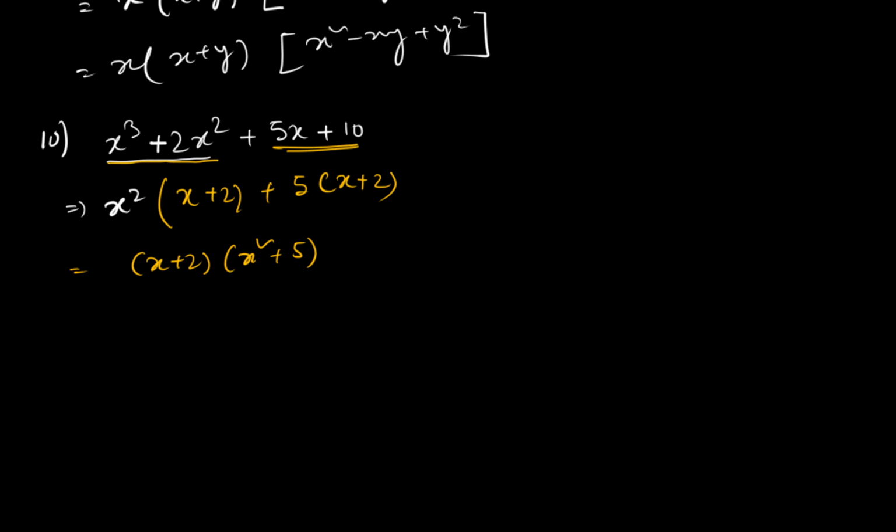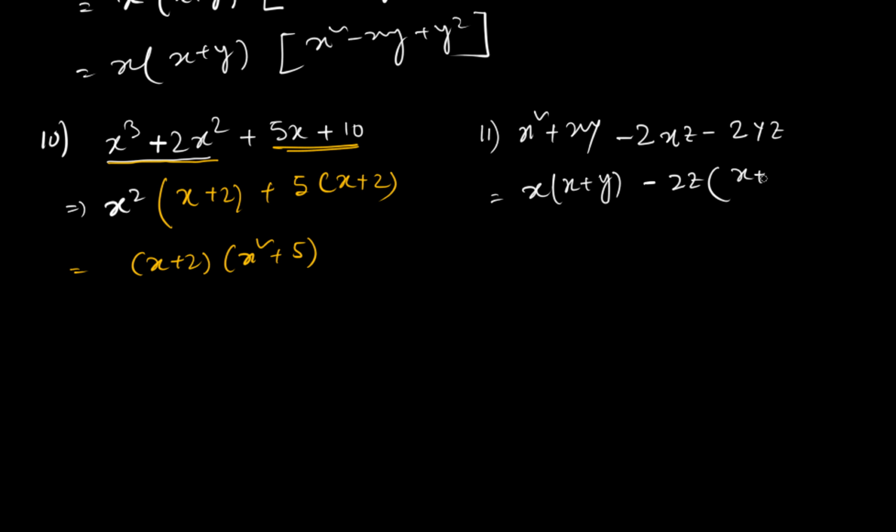So let's do the 11th one. It is given x square plus xy minus 2xz minus 2yz. Okay, so I can take x common, so it will be x plus y, and then from minus 2z common it will be x plus y.